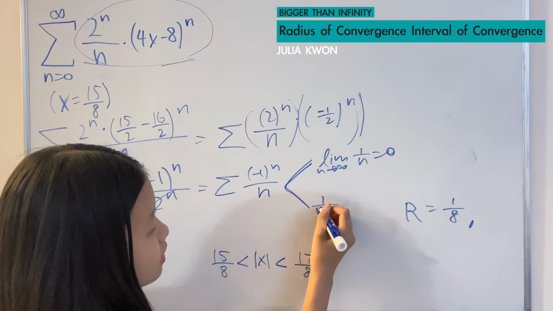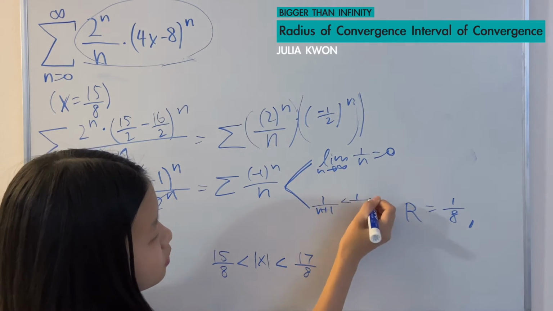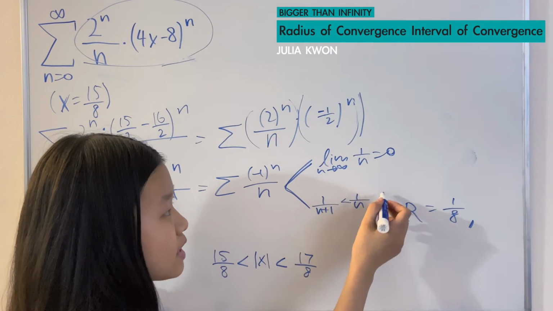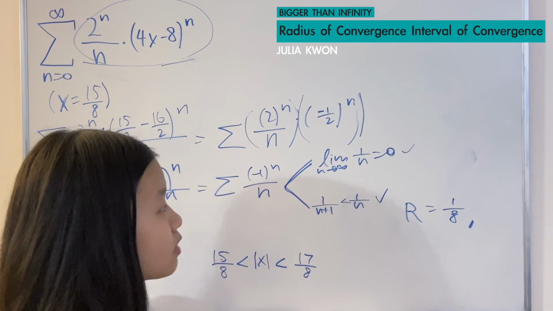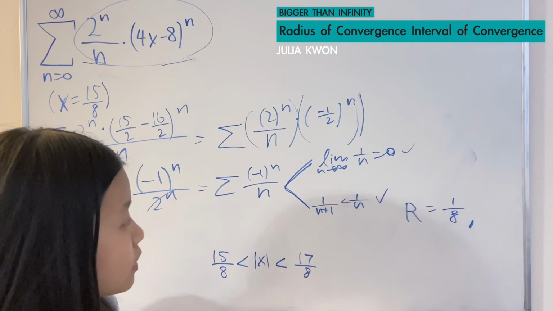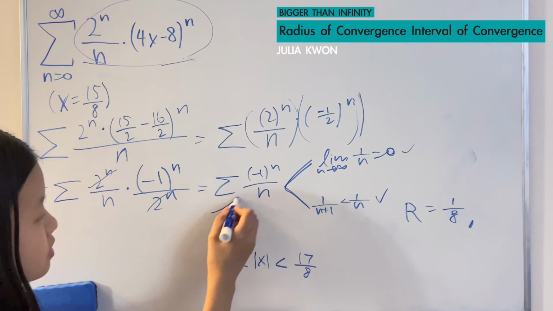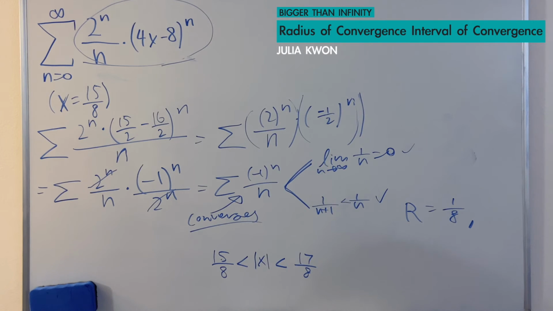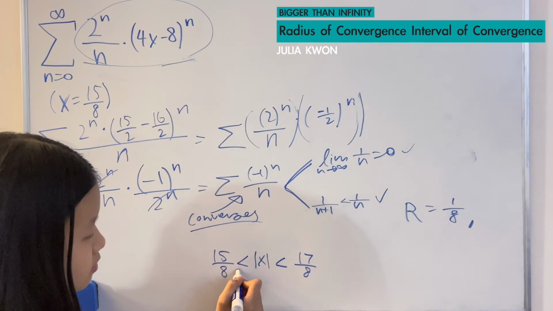Then 1 divided by n plus 1 is smaller than 1 divided by n. This is true, so it passes the second test. So now we can conclude that this series converges.